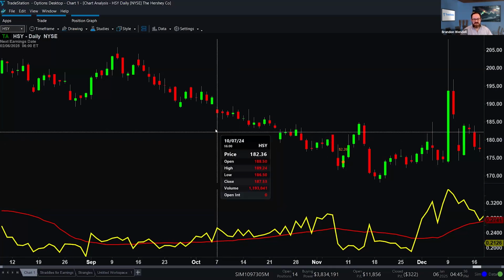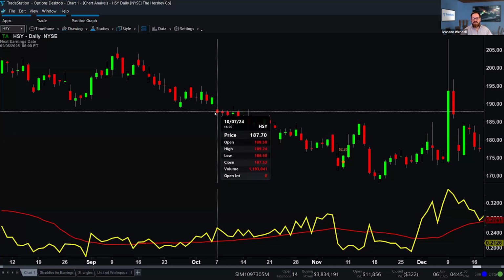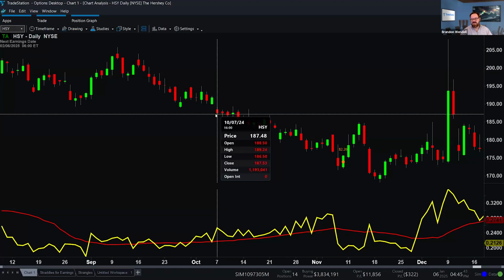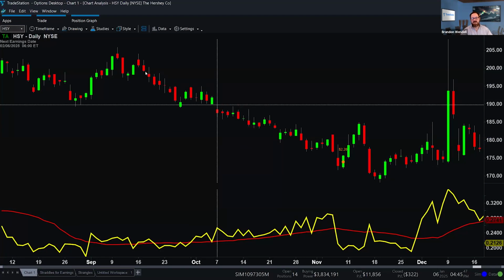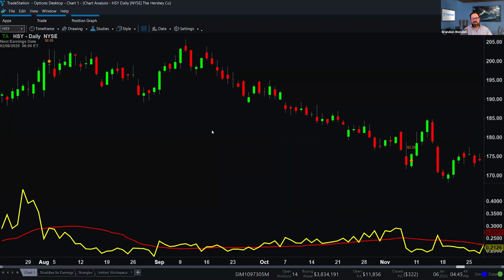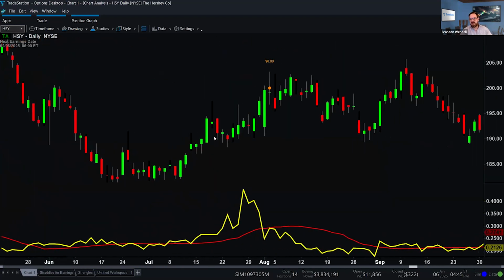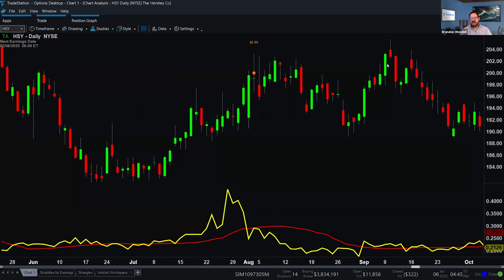However, if you entered on the 7th, that was 1 month before, your entry would have been around $185 or 190. I probably would have chosen the 190s if possible, because at the time, you're in a bit of a downtrend right here.